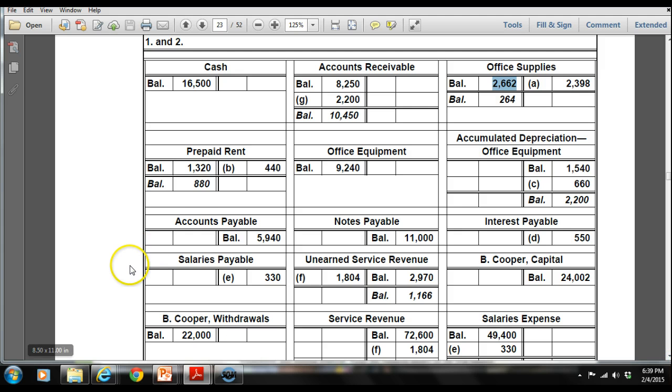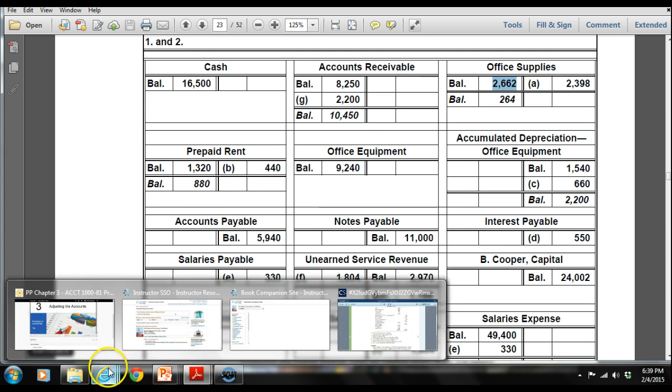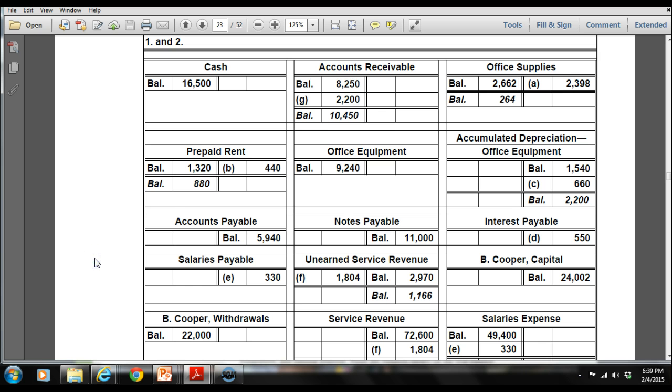Next, we show liabilities. If you look at that trial balance, you're going to see accounts payable with a credit balance of $5,940. So you're going to want to put that on the credit side.